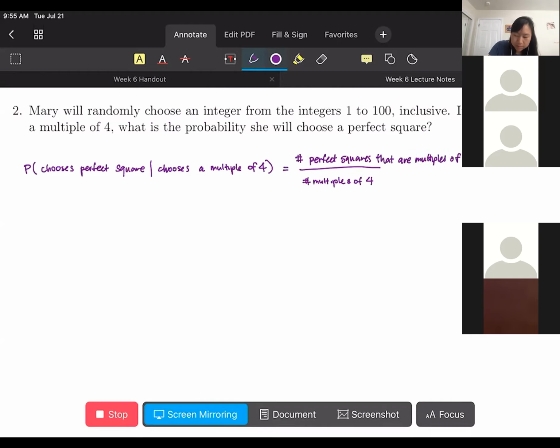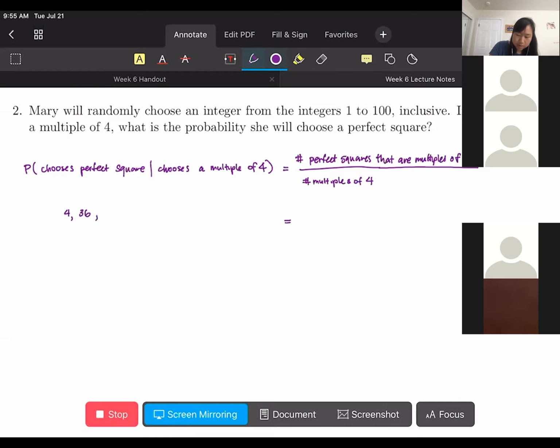There are 3 perfect squares that are multiples of 4? I think it's 5. Yeah, so there's 4, which is 2 squared. Then there's 36, which is 6 squared.